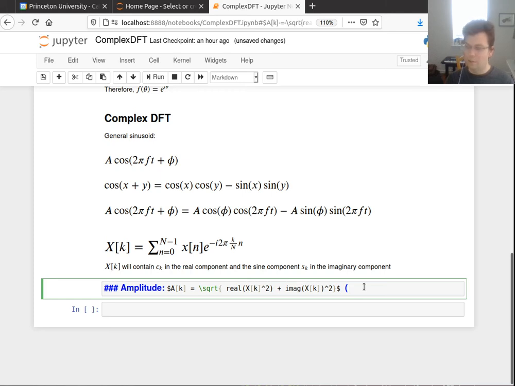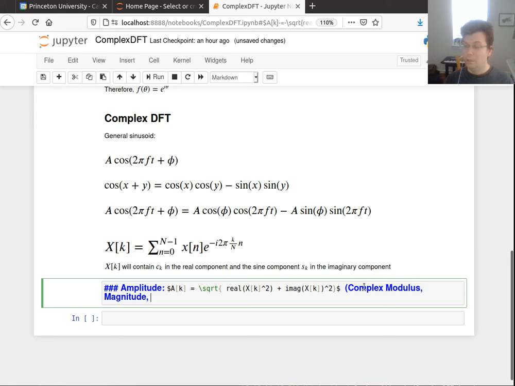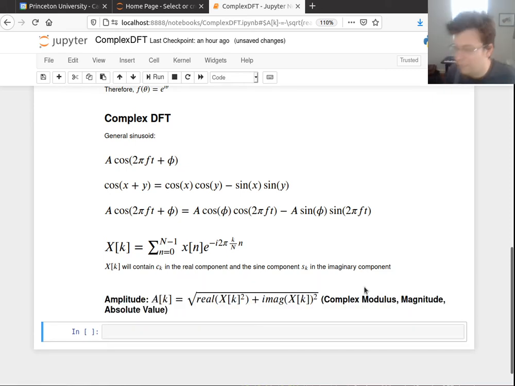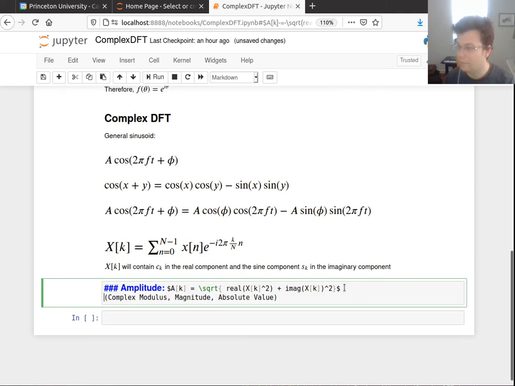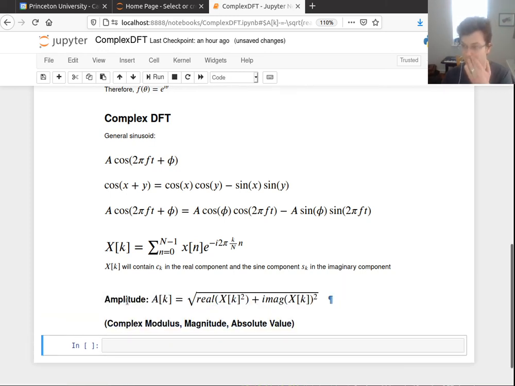This is referred to as the complex modulus, also referred to as the magnitude of the complex number, also referred to as the absolute value of the complex number. But in the context of this representing a sinusoid, what this means is it corresponds to the amplitude of that sinusoid.